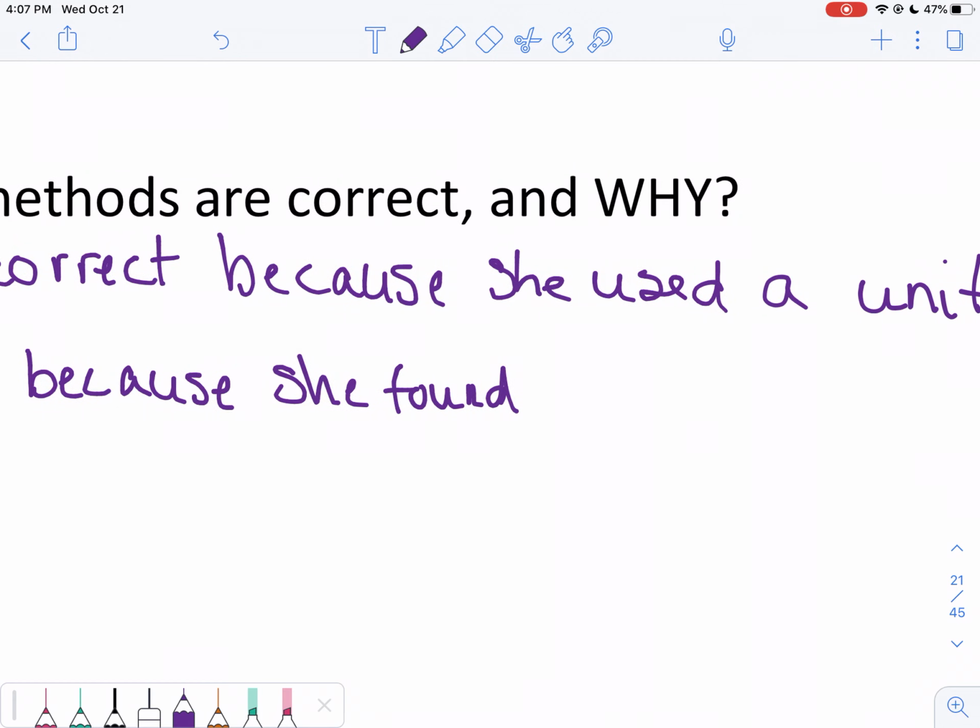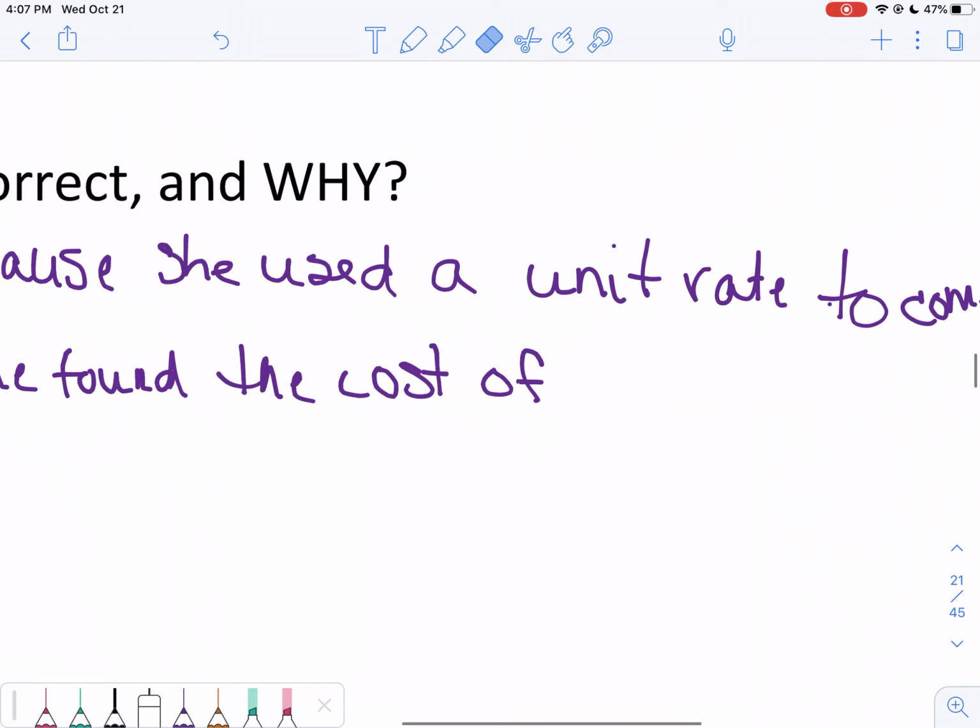Julio is correct because he found the cost of the same amount of erasers. Hold on, didn't I say he a while ago? I said he.